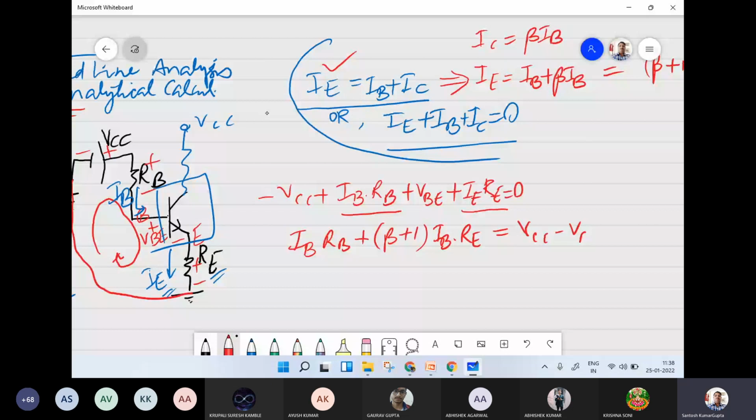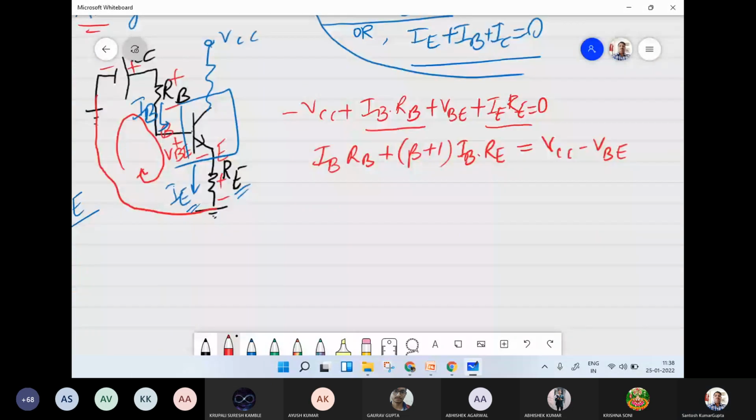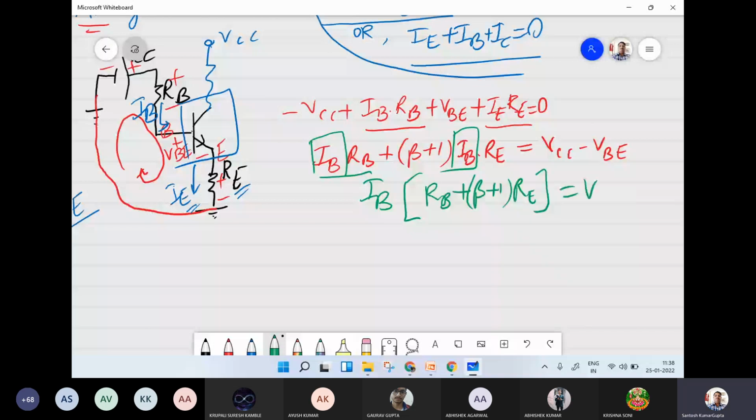Now from here, IB can be taken common, and we have IB times RB plus beta plus 1 times RE equal to VCC minus VBE. Just mathematical manipulation.